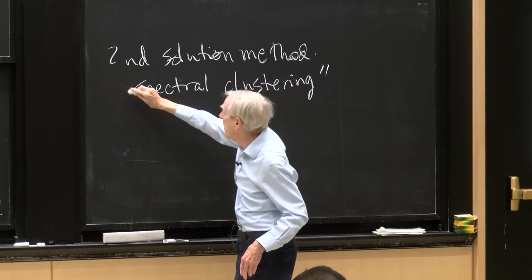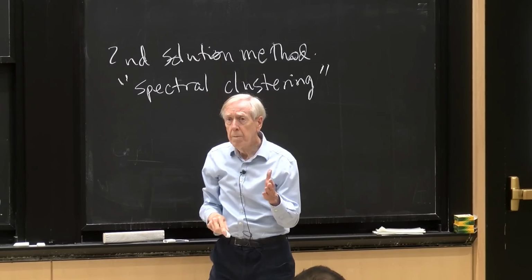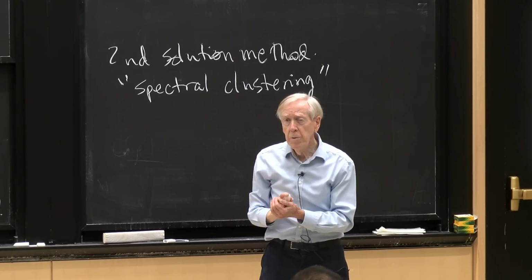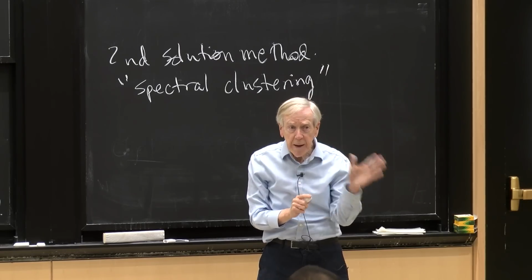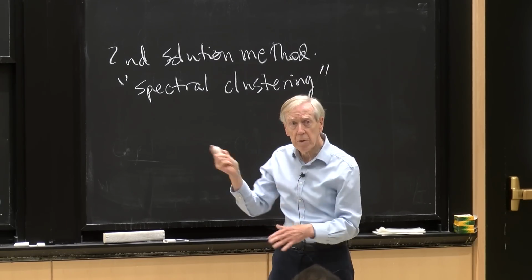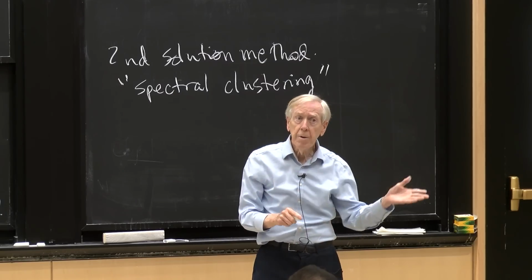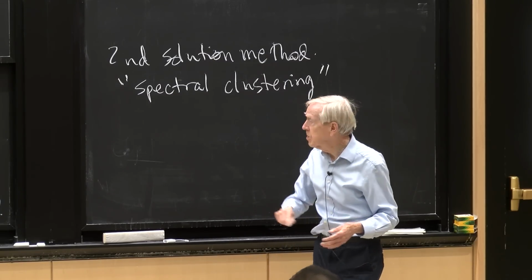That's the name of the method. And before I write down what you do, what does the word spectral mean? You see spectral graph theory, spectral clustering, and in other parts of mathematics you see that word.